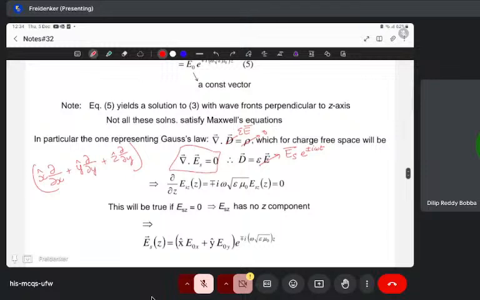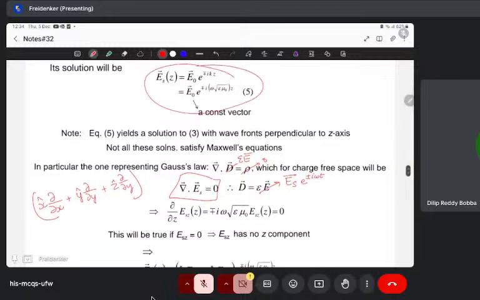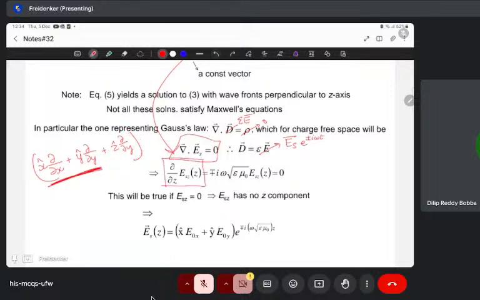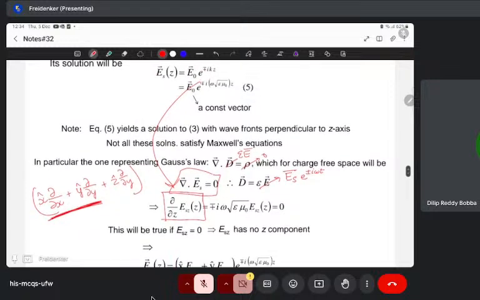Now, if you try to substitute the solution of E spatial in this equation, it will look like this. What are you trying to do? We know that E spatial is simply a function of z. So these terms will not be there. Only this one will be there. So you have this Es z, we know what it is. So it will look like this.